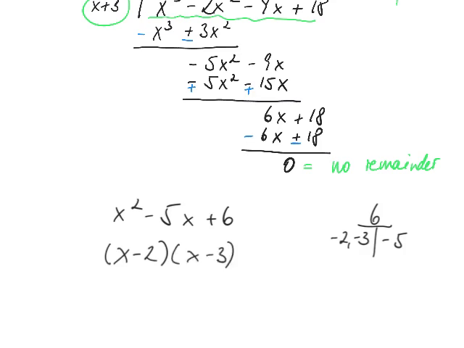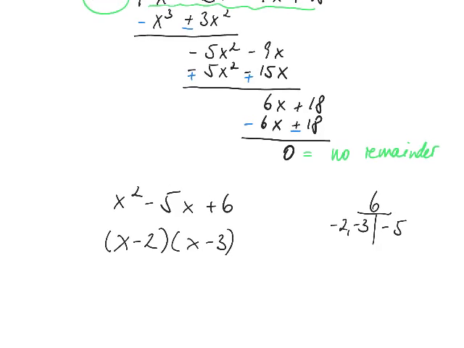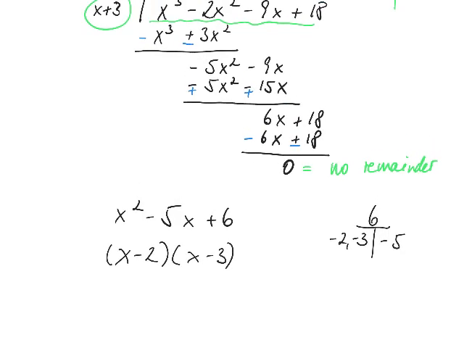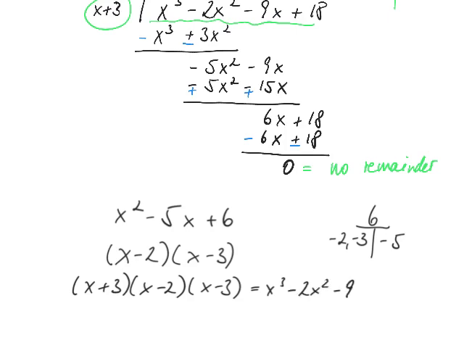So now we have our three factors. So if we multiply x plus 3 times x minus 2 times x minus 3, if we multiply all of these out, we get x cubed minus 2x squared minus 9x plus 18, our original equation.